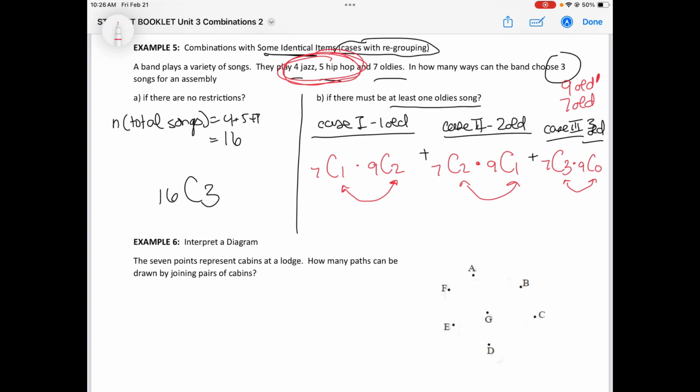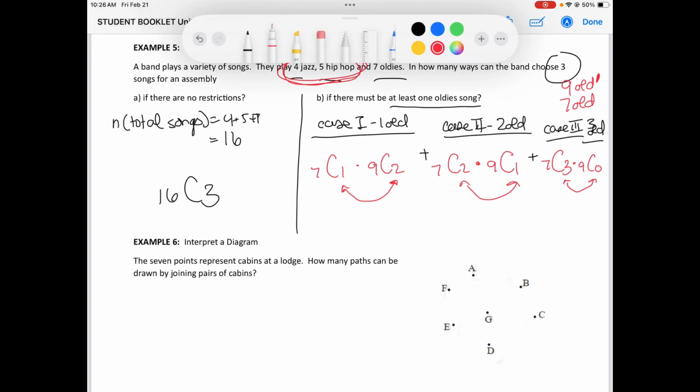And again, those add up to 3. As a little tidbit, the 7 and 9 add up to the universal set. So the number in the universal set, and then the number that we've chosen.